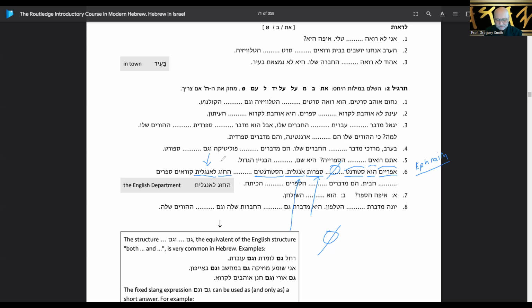Look at that, in English. החוג לאנגלית. Okay, so this is the class. Hahug le'anglit, in the English class, Korim, read. Sfarim, read books. Okay, so maybe they read English literature books. So I think we need to have something that means in.